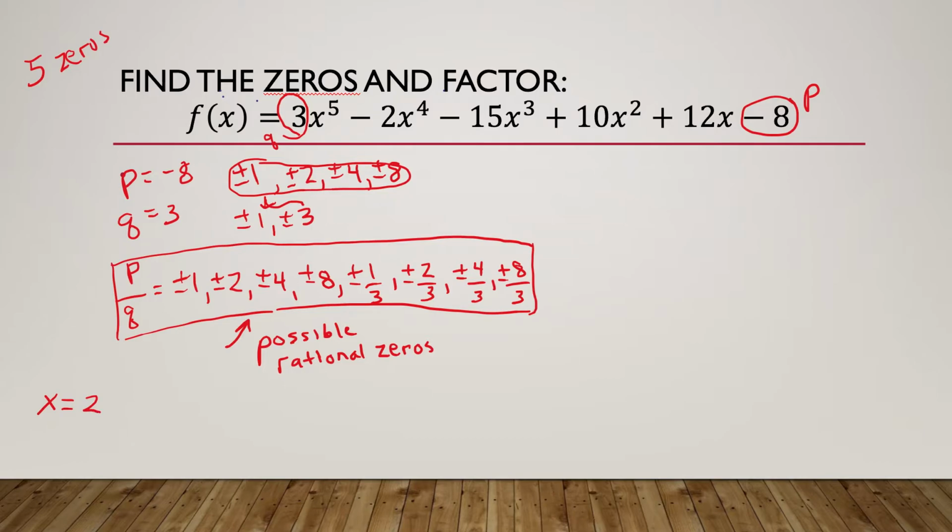To check it, remember that you're going to take your function and plug a 2 in everywhere there's an x. This is kind of a long function, but we're going to go to the calculator with it anyway.